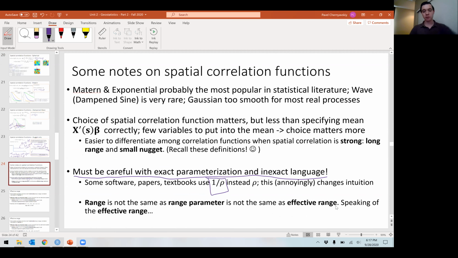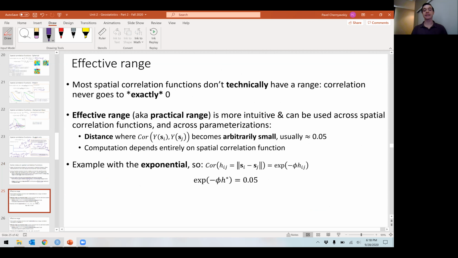Okay, let's move on to the effective range. Because of a variety of these issues, that the range parameter by itself is not interpretable, that we get into trouble using software without understanding exactly how those functions are parameterized, it is often helpful to look for the effective range.